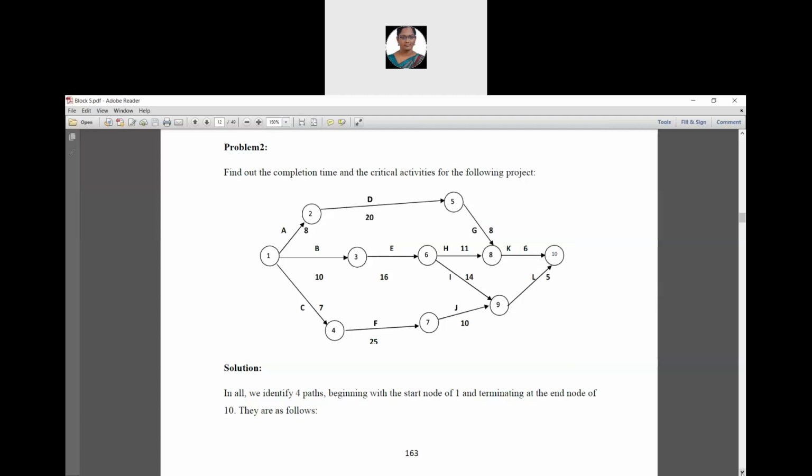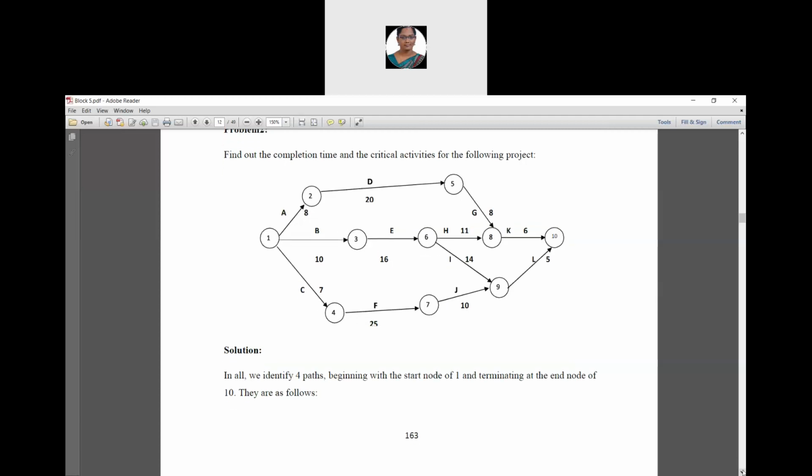We are going to use this diagram. Find out the completion time and critical activities.